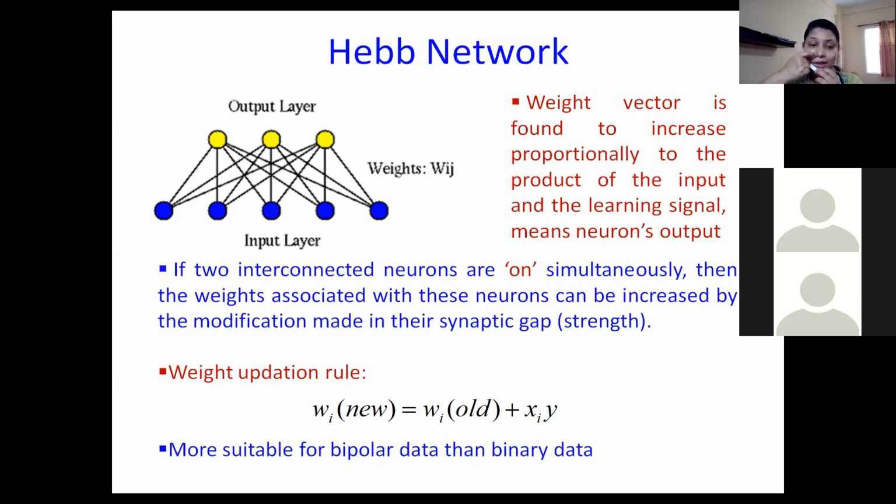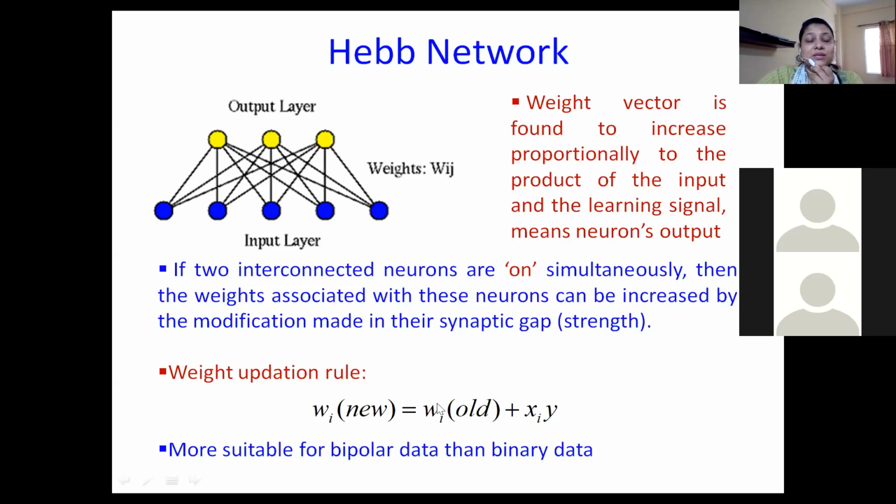Why is it called a learning signal? Because depending on this weight vector or weight matrix, this output is going to be defined. So one kind of learning algorithm must be followed here to obtain this output layer, or these output neurons.